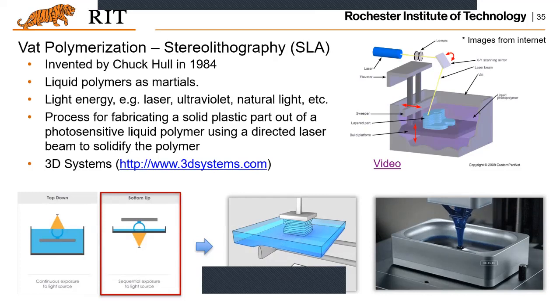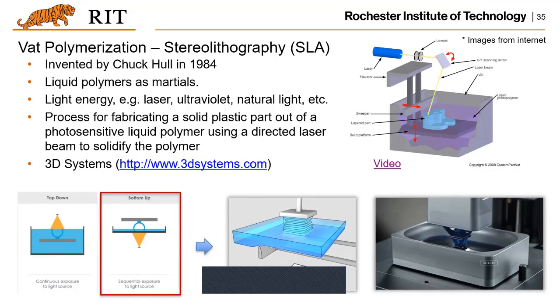It prints an Eiffel Tower by just pulling from the bottom of the tank in a very short amount of time. I will introduce the details later, but just let you know there are different variations for SLA, and I will introduce the pros and the cons and why we have both of them, right?